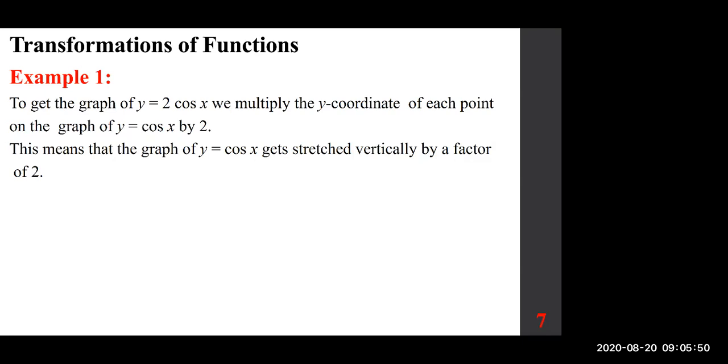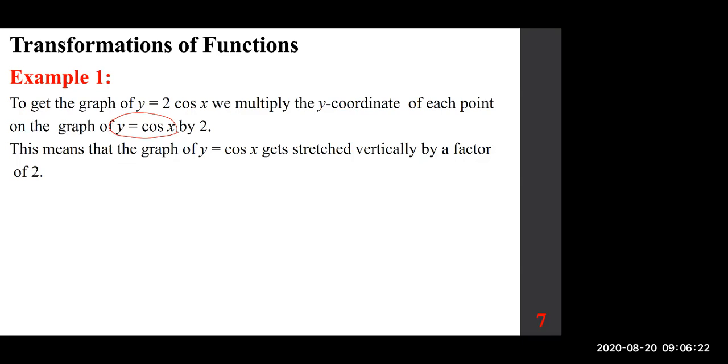The function is given as y equals 2 cosine x, and we want to start with cosine x. So going from cosine x to 2 cosine x, 2 is in front of cosine x, so the y coordinate gets larger by 2. For the same x coordinate, it is the y coordinate that gets larger by 2.